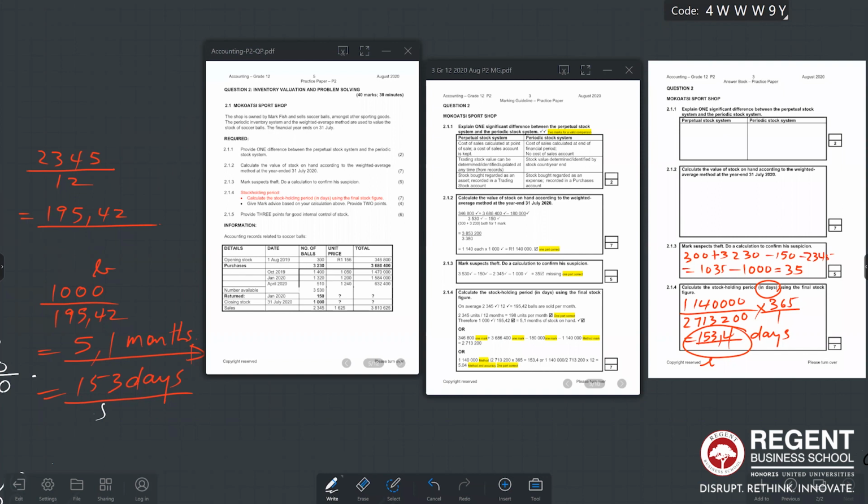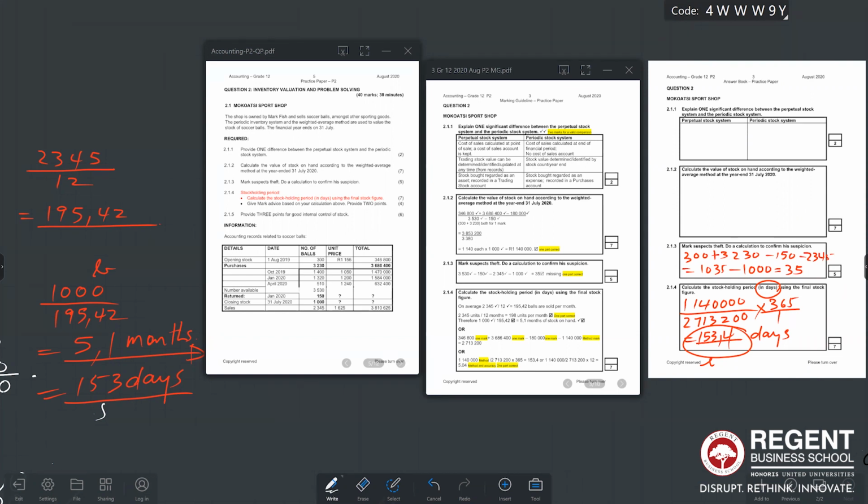So you should be able to work out the stock holding period. Normally the formula is average stock over cost of sales times 365. But if the question tells you to use final stock, please don't mess it up. You know what to do.